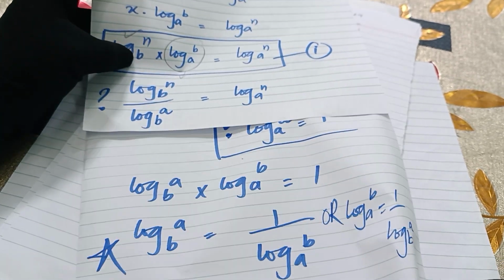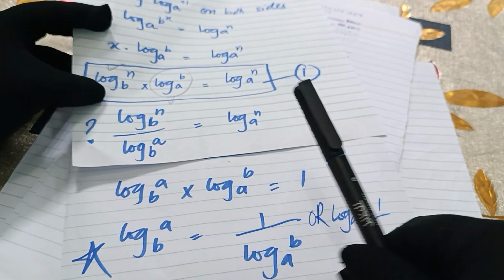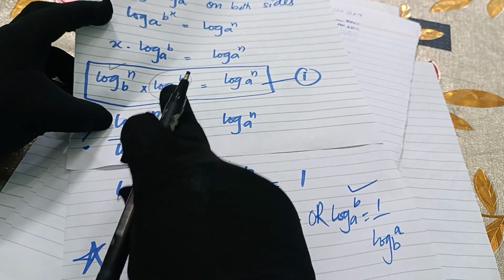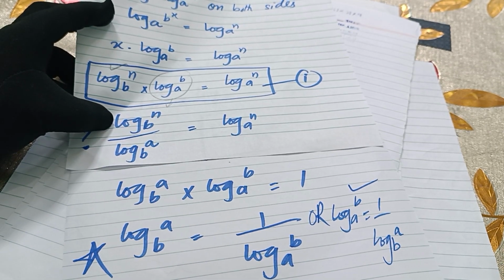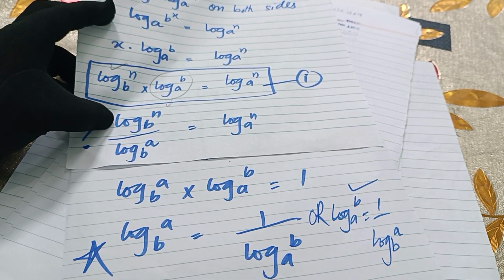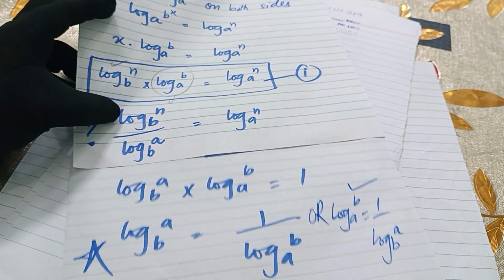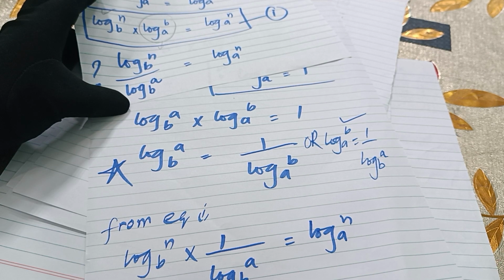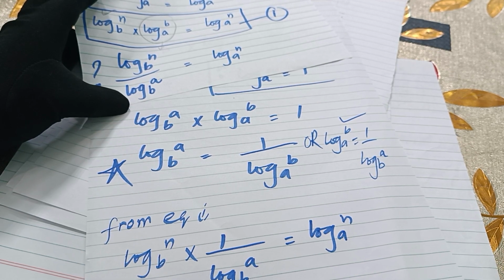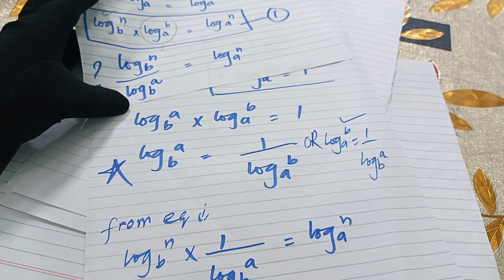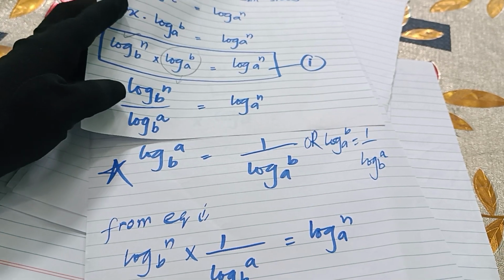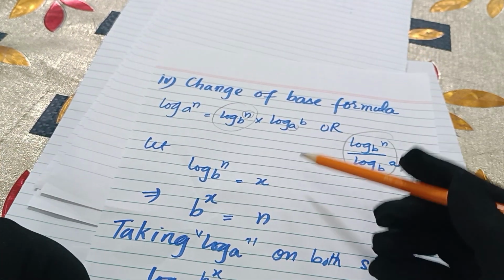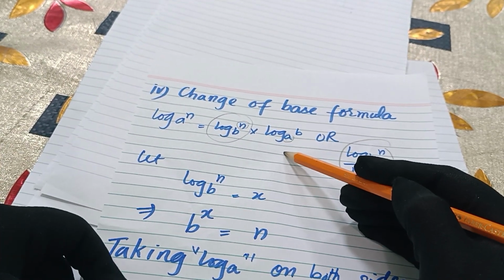I can replace either one according to my requirement, because this is being shifted, so I will use the value 1 over log_b a equals log_a b. Hence it changes into the formation log_b n over log_b a equals log_a n. Hopefully you will understand. Let me explain this again. This is the fourth law for the change of base formula.